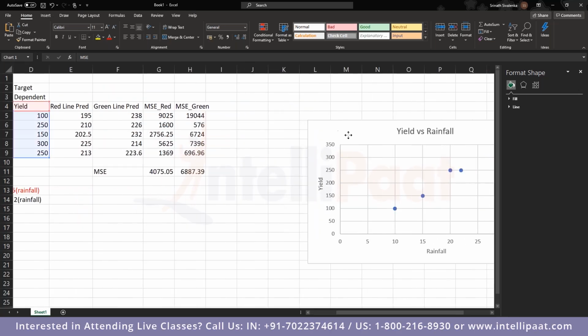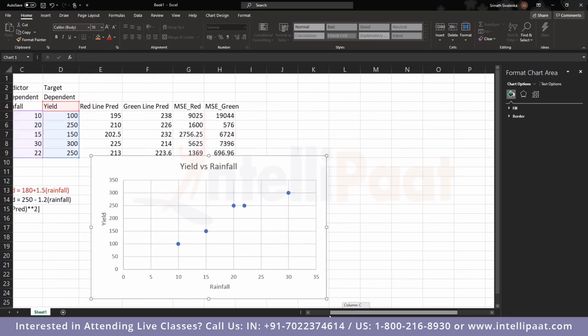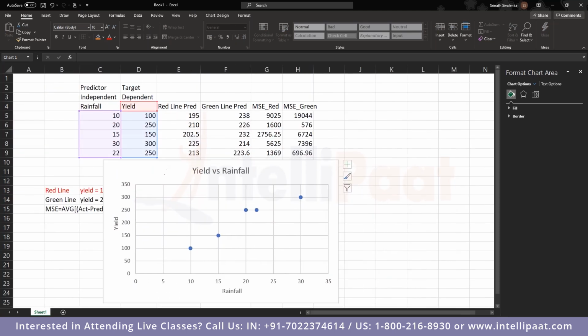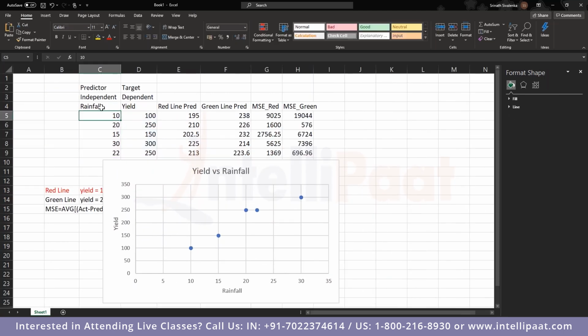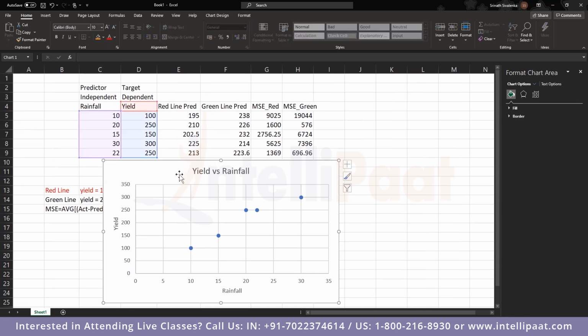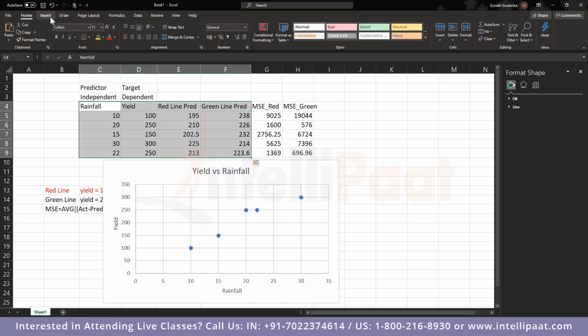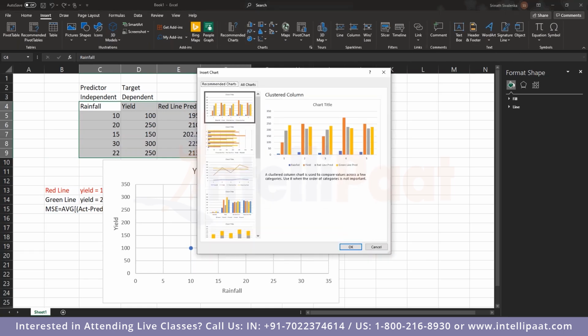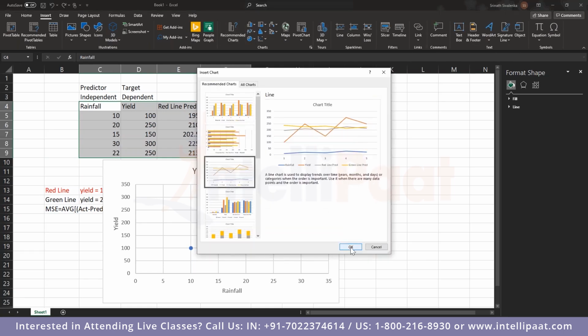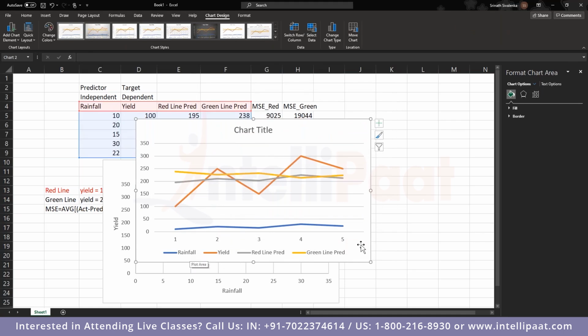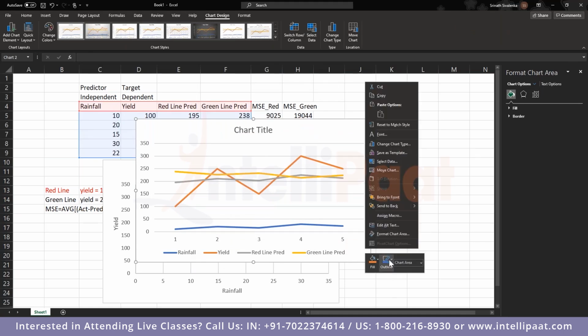To actually show you how these lines look, I can plot those lines. It's not going to be very difficult. What we can do is try to plot all of these three together. Insert, and I can change the chart type.